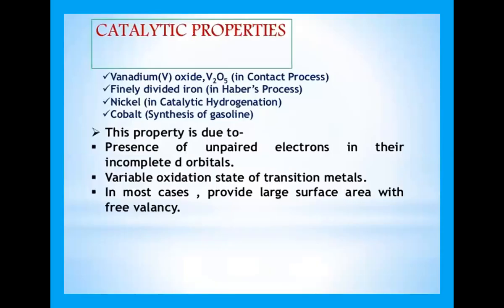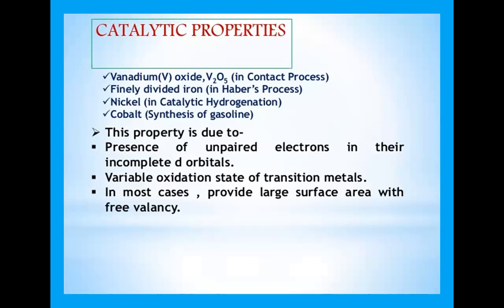So then comes catalytic properties. D block elements are capable of showing a large number of catalytic activities. These properties are due to the presence of unpaired electrons in their d orbital. Already we know that d subshells are partially filled. Still, a large number of vacant positions are available in a d subshell.